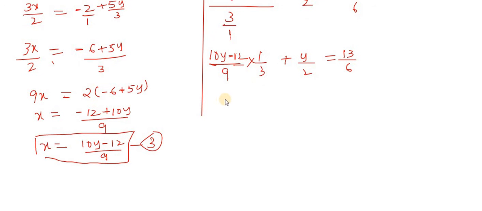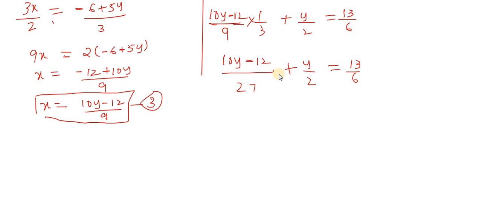So now 10y minus 12 divided by 9 ones are 9, 9 threes are 27, plus y divided by 2, which is equals to 13 by 6.